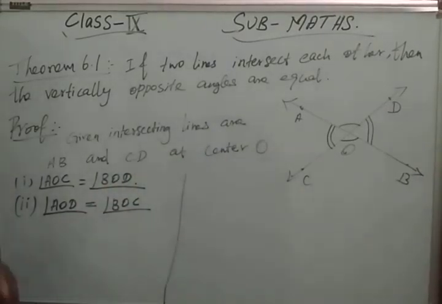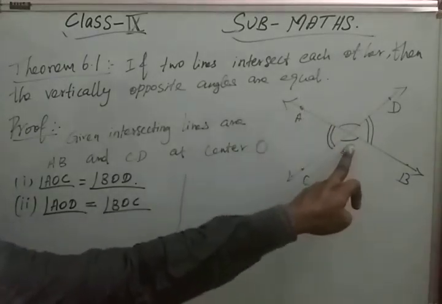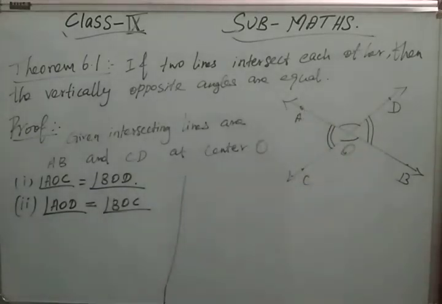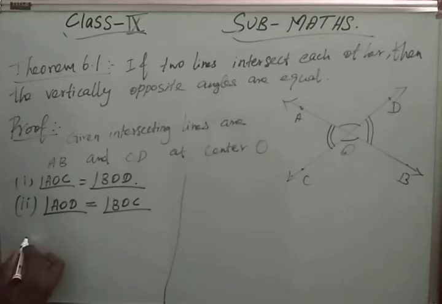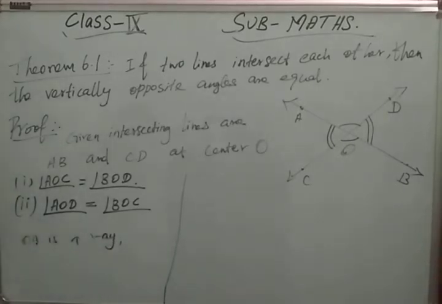First, we take that OA and OC are rays, yes or no? For the first one to prove, OA is a ray in line CD.